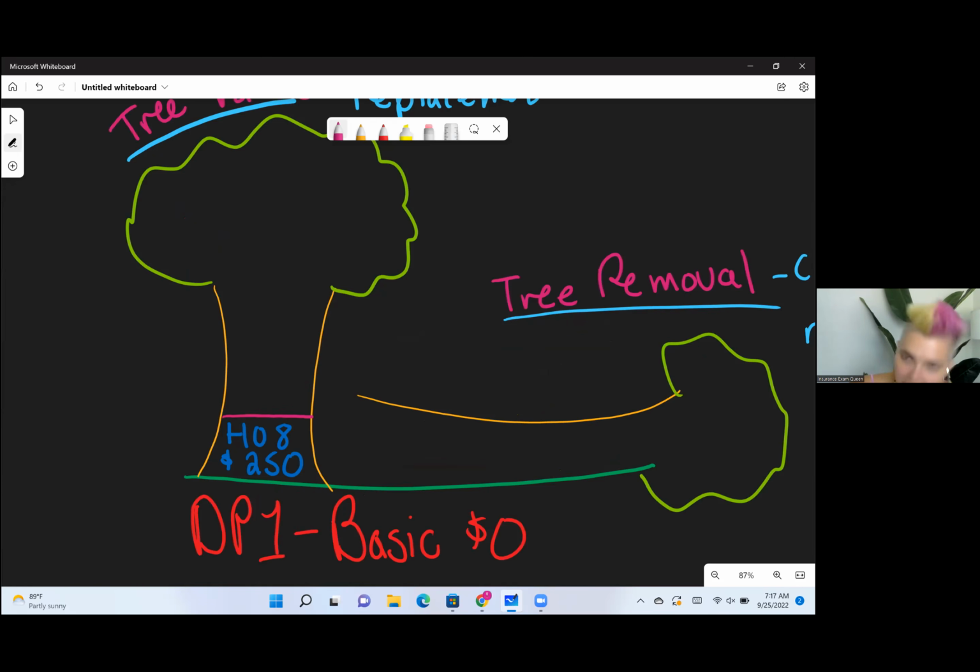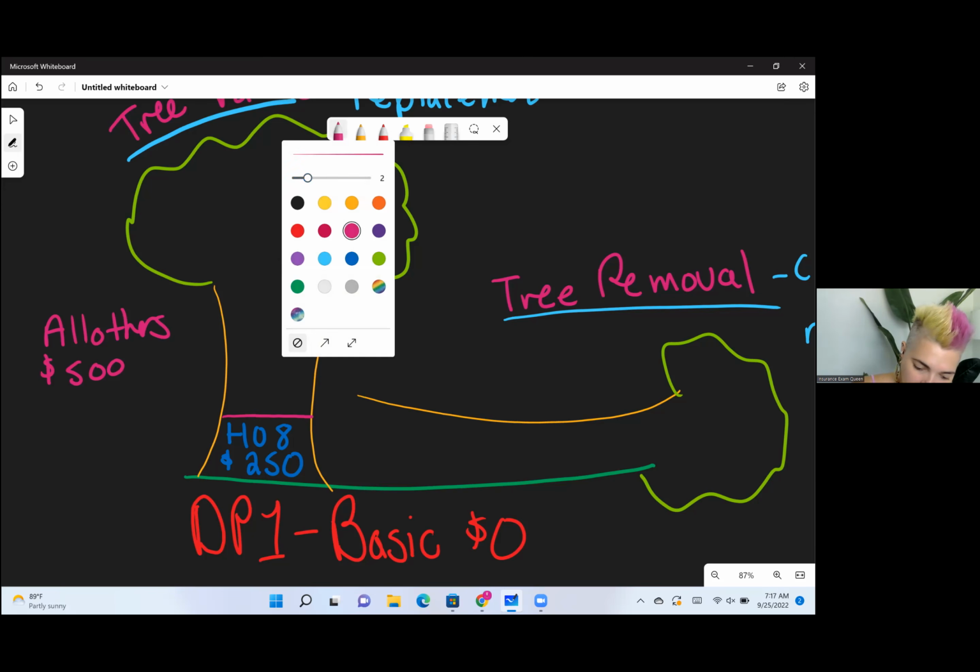Then every other policy, every single other one, is $500 for a tree. You can do this two ways. You can say all others, if you remember all other policies, all others is 500. Or you can write it out.